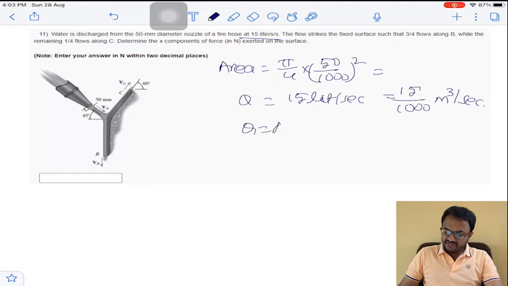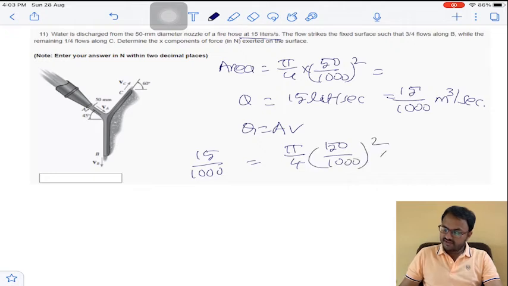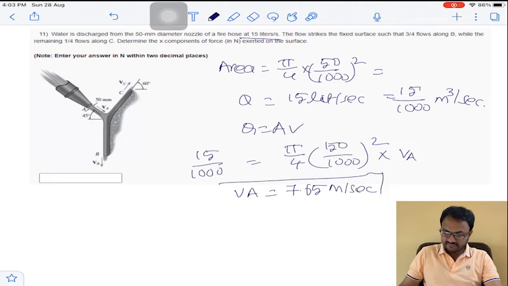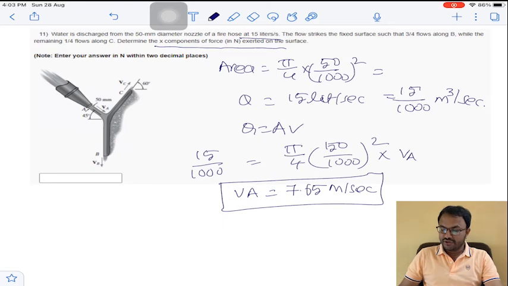We have the equation Q is equal to AV. So Q is 15 by 1000, A is equal to pi by 4 into 50 by 1000 whole square, and V, the velocity at point A, we got VA is equal to 7.65 meter per second. Clear? Now he asked us to calculate the x component of force in Newton exerted on the surface.